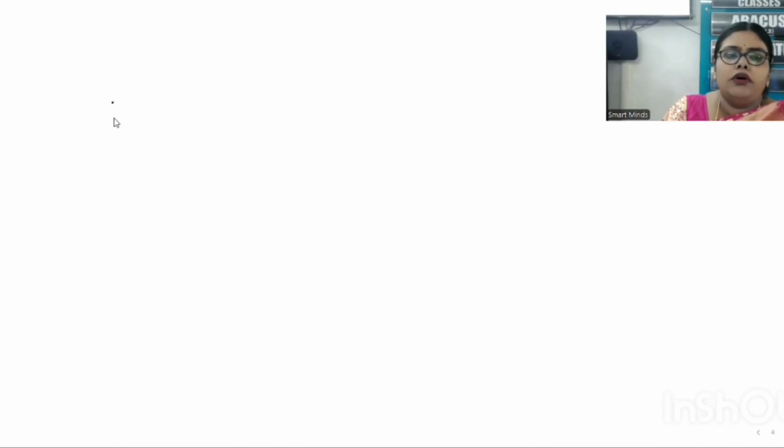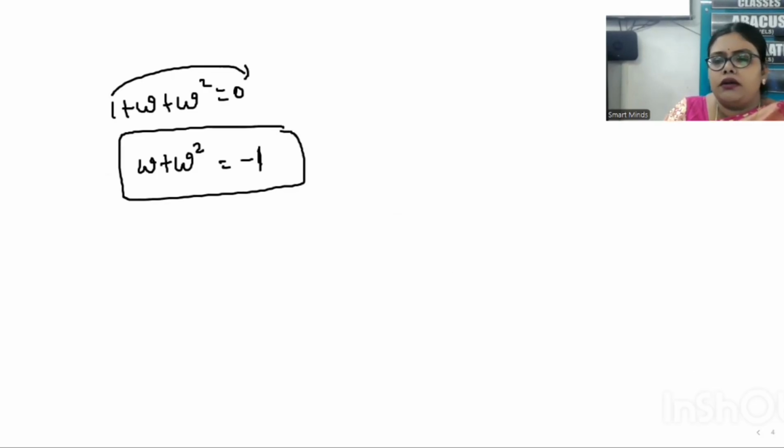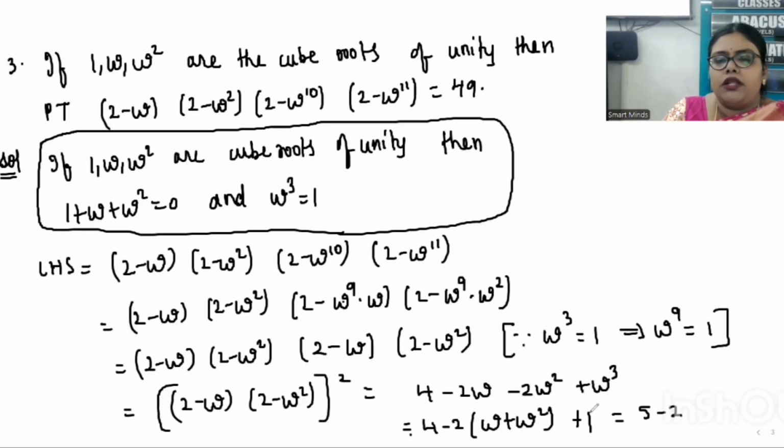Let me tell you, 1 plus omega plus omega square is 0. So if we want omega plus omega square, I should take 1 to the other side. That will become minus 1. This value I am using here in the problem. So in the place of omega plus omega square, I can write minus 1.